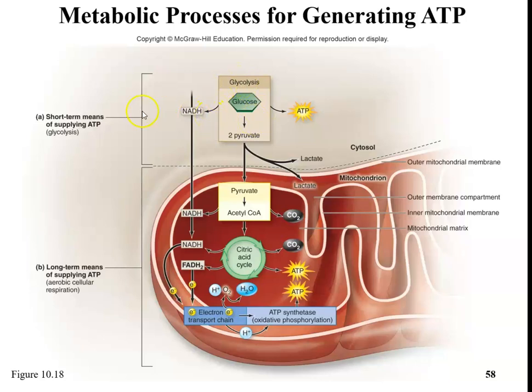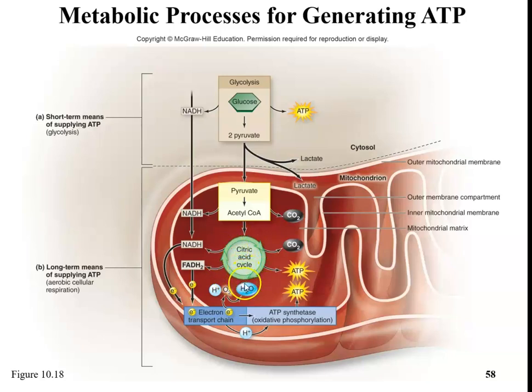Okay, so here we have the short-term versus long-term means of supplying ATP. So this is going to be glycolysis, or the glycolytic pathway. You get glucose broken down into 2 pyruvate molecules, and that pyruvate then goes on to the citric acid cycle.